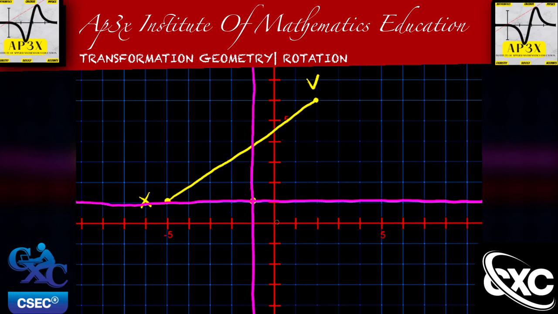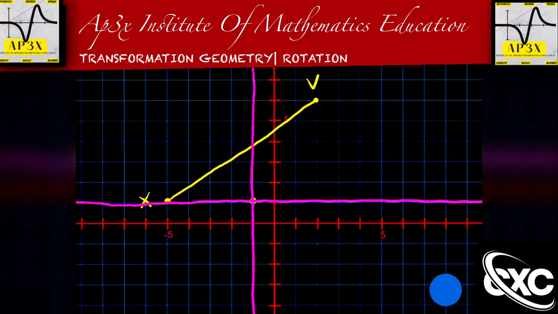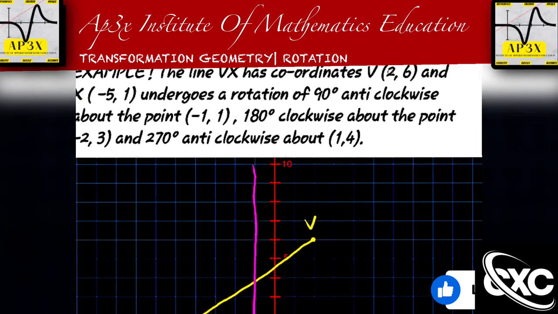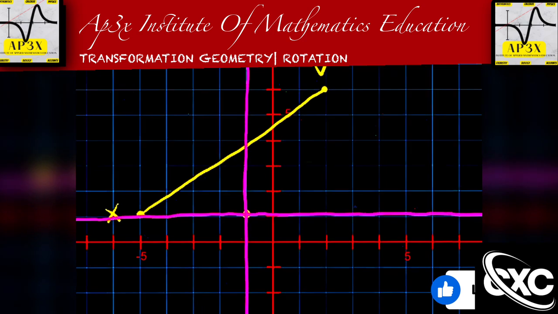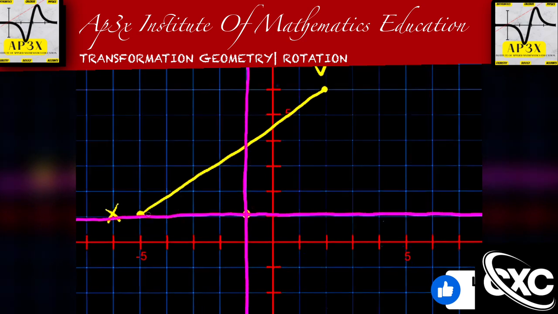Now, because I've changed my origin, the points on my object, which is my line here, are going to change. So it's no longer going to be 2, 6 and negative 5, 1. Let us start determining the new coordinates of X and V. From this new point of origin, X is now 1, 2, 3, negative 4, 0.